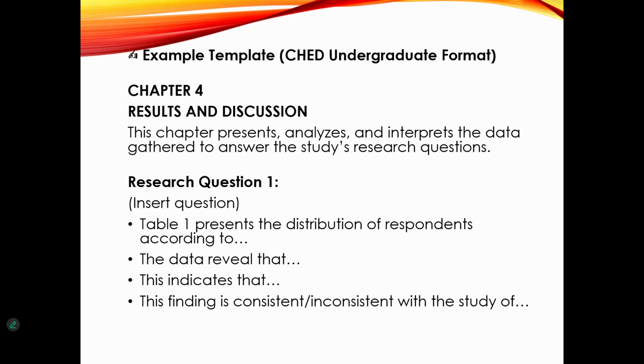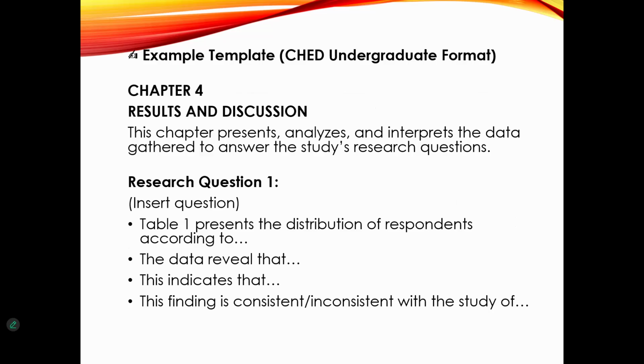Okay? So I hope you bear this in mind, because these are what the panel will look for in your paper and your defense. So again, let's have this example template. Chapter 4, results and discussion. The first paragraph reads like this: this chapter presents, analyzes, and interprets the data gathered to answer the study's research questions.